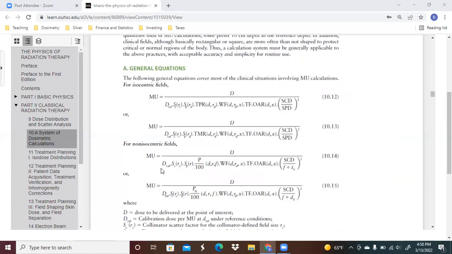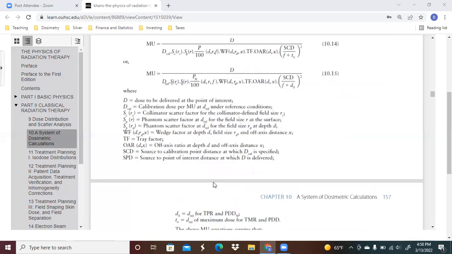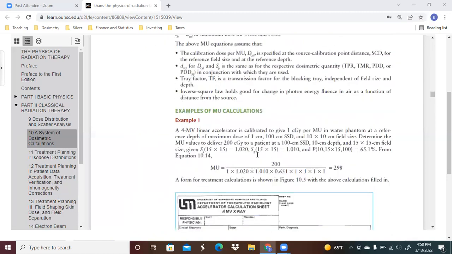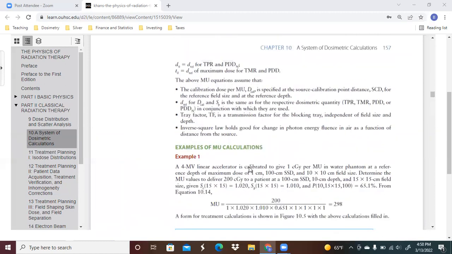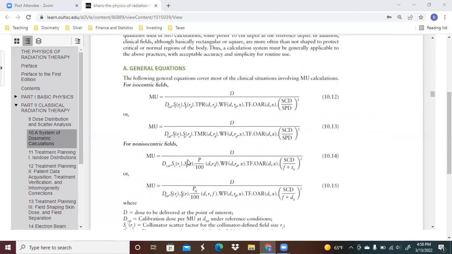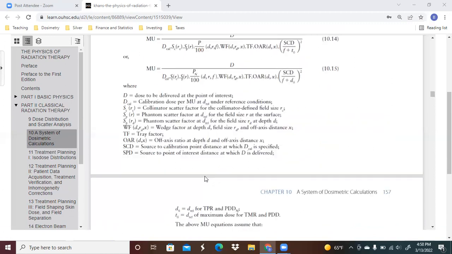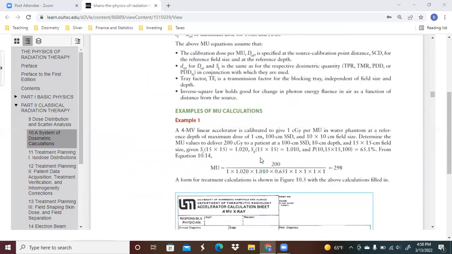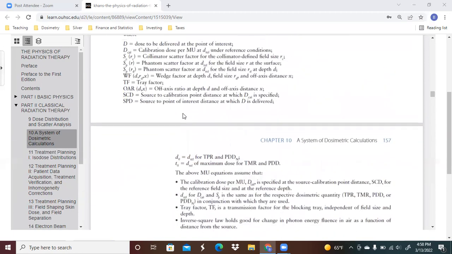The next factor here is going to be the collimator scatter factor. The collimator scatter factor here for our field size, which is a 15 by 15 field, is 1.020, so that's what we put in. The phantom scatter for our field size is going to be 1.010, so that's the next one that's put in.